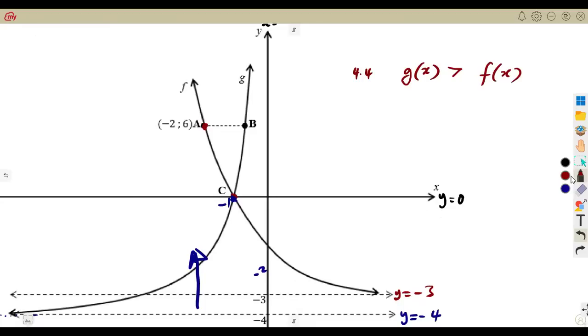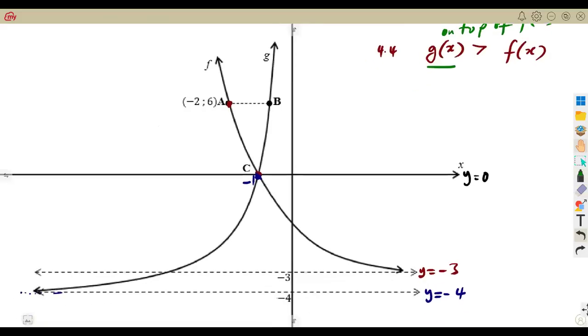You just have to check where the graph of gx is on top of f of x, because it is the one that is bigger. So we need where gx is found on top of f of x. If we check from this side, this is your gx.